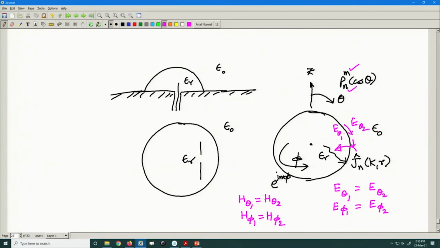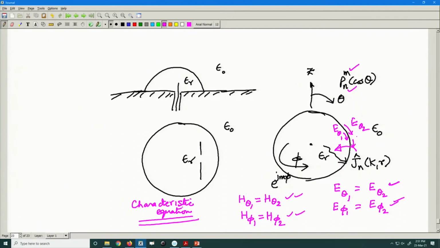So, we will match these 4 sets of fields, and once we match them, we will come to an equation called a characteristic equation. We will explicitly go through this procedure when we do the resonator. Therefore, I am not writing the explicit equations here, but we will come to the characteristic equations by matching the fields.